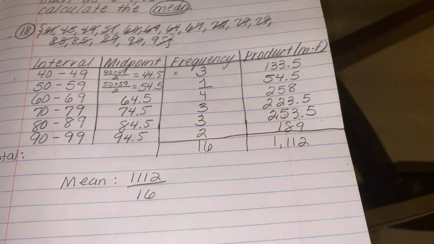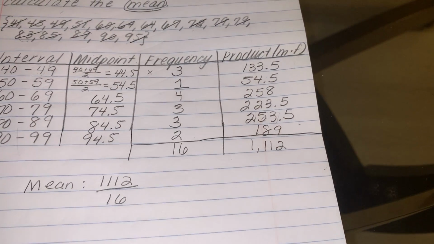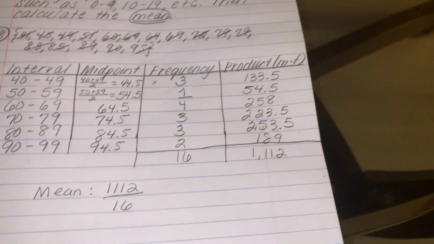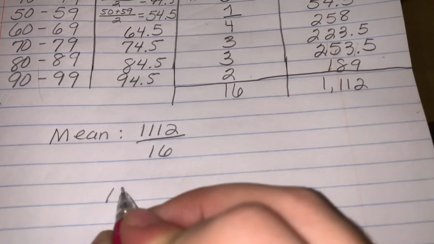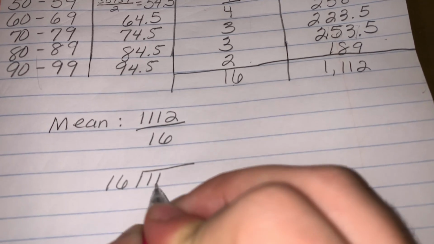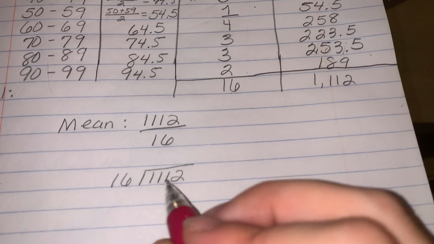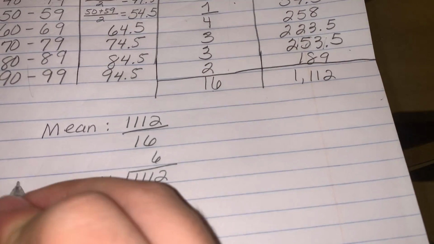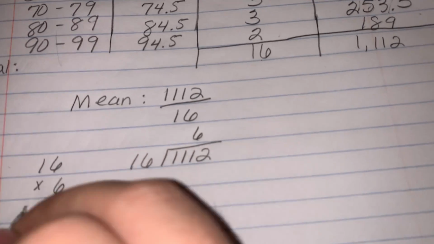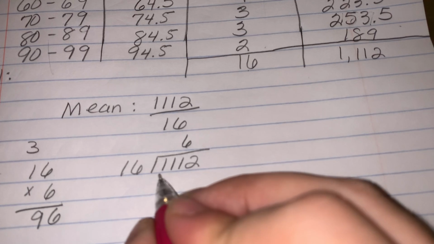This is always how your mean will work, okay? And basically, if you want to know what the answer is, you can, of course, use long division. I need you all to use long division, okay? Like 16 goes into 111, 6 times, and you work it out on the side, okay? Just like how I'm doing it now.